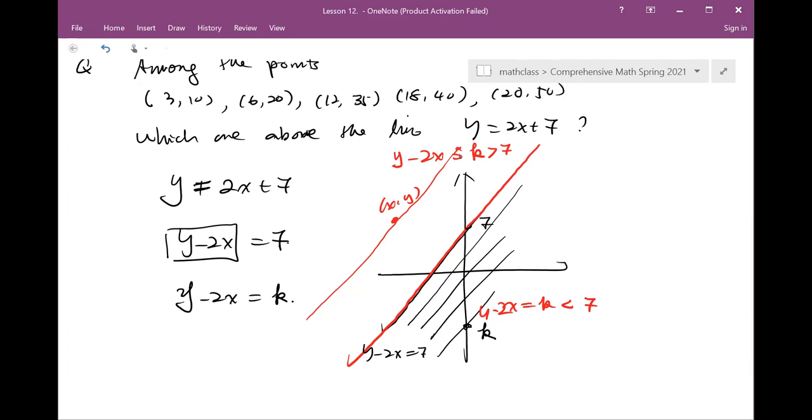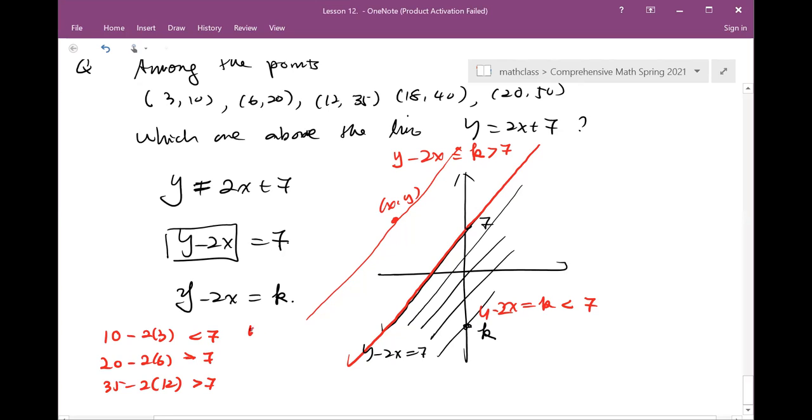So if you want to determine which one is above the line, you just need to look at the value. You will see that 10 minus 2 times 3 is less than 7. 20 minus 2 times 6, which is 9, is greater than 7. 35 minus 2 times 12 is greater than 7.